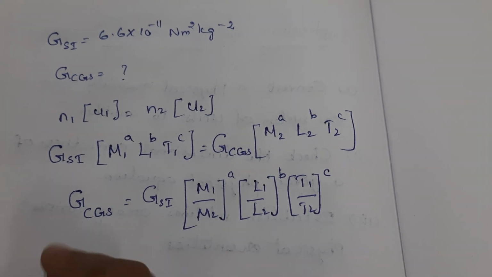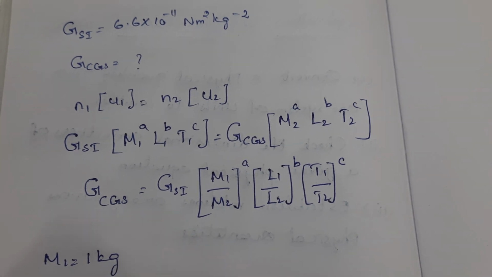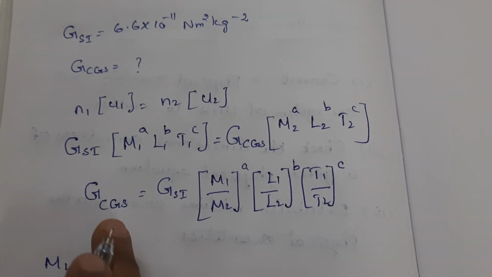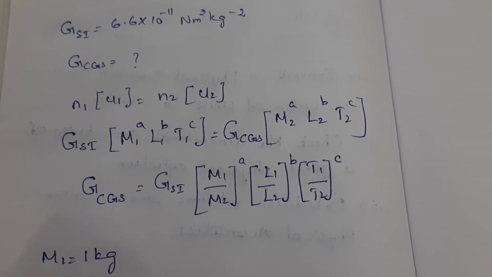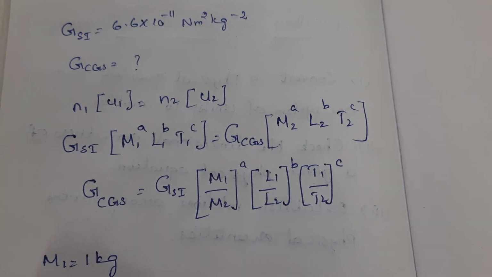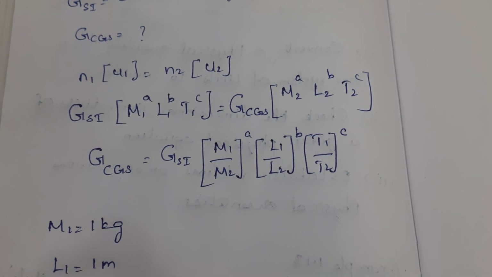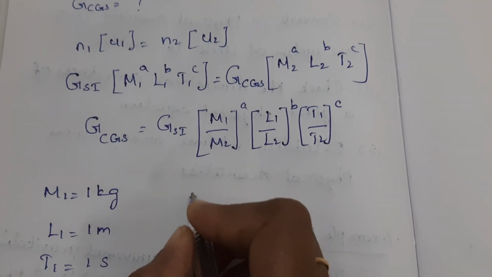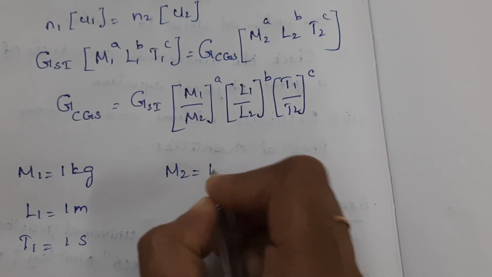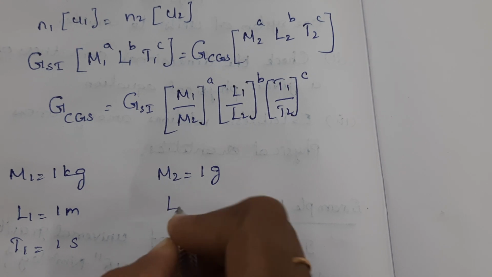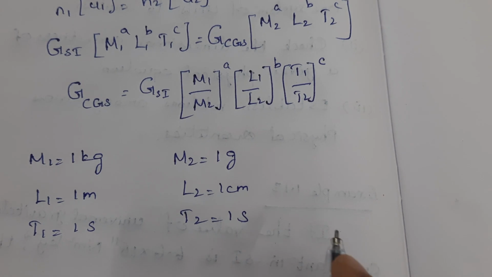Now let us consider the SI system first. M1 is equal to 1 kilogram, L1 equal to 1 meter, T1 equal to 1 second. Similarly, for the CGS system, M2 is equal to 1 gram, L2 is equal to 1 centimeter, and T2 is equal to 1 second.